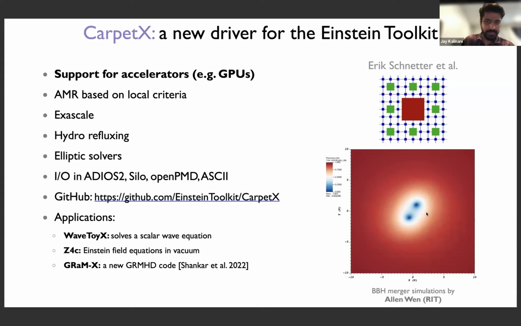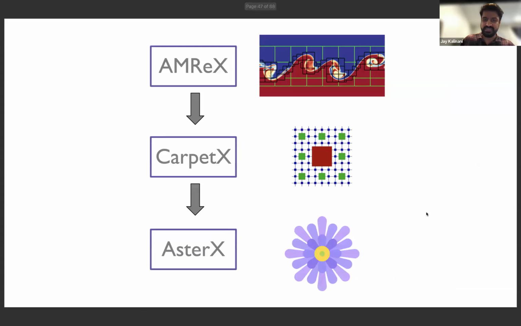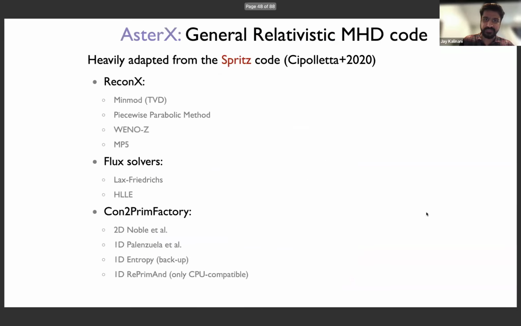So it has indeed promising applications, as well as CanudaX. I'm sorry if I forgot to mention your code, but there have been a lot of great developments based on CarpetX. One of them is this new GRMHD code called AsterX.